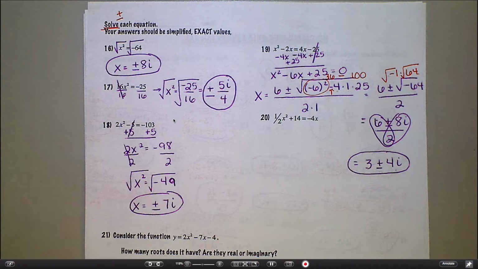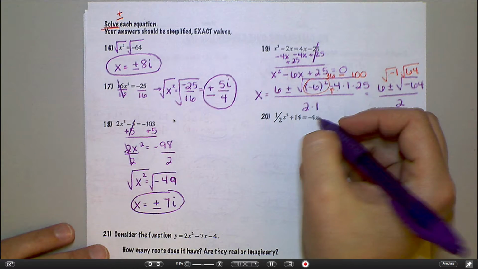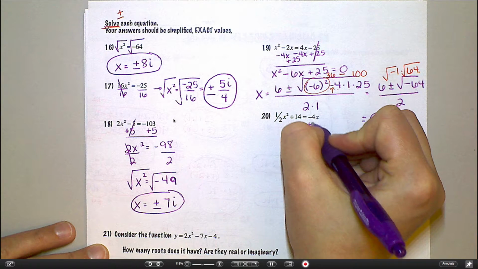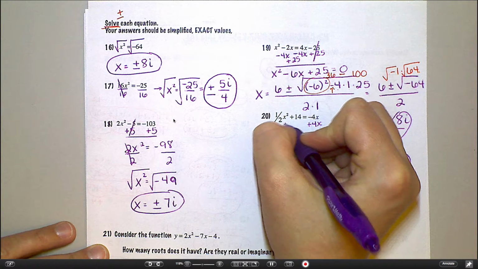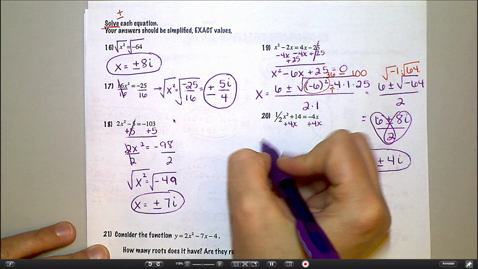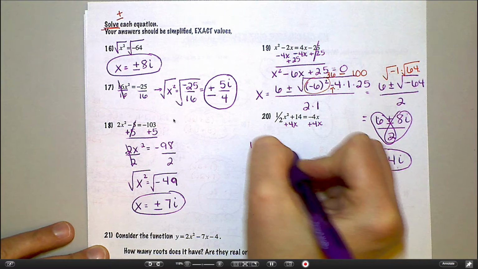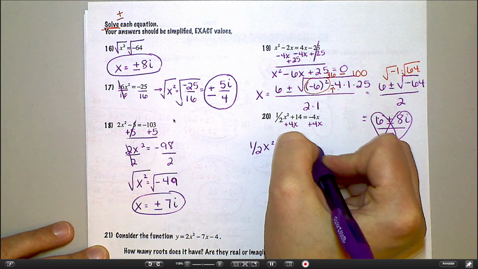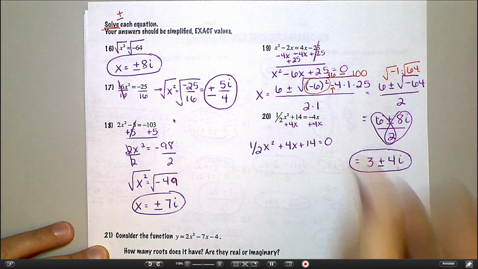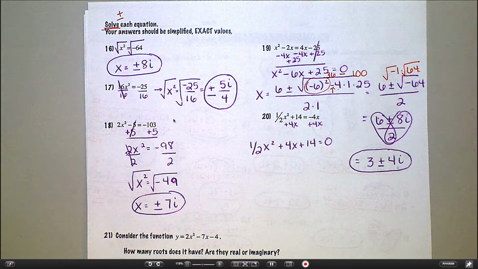So let's try that next one. That next one, we want to move the 4x to the other side. So add 4x over here. So we end up with 1/2 x squared plus 4x plus 14 equals 0. Okay.